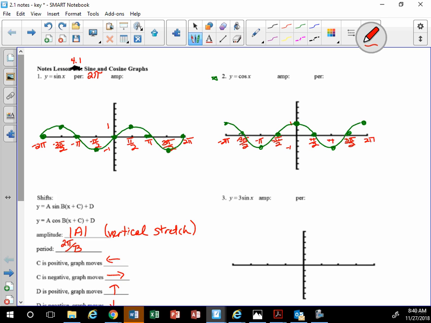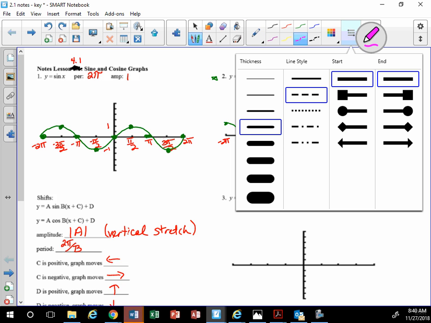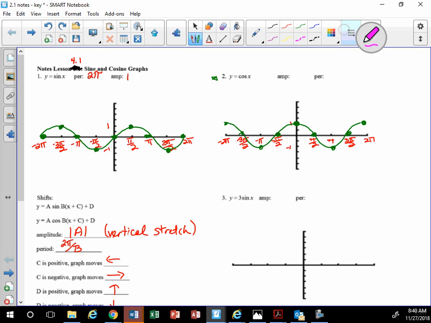And what's the amplitude? 1. So on your graph, we have something called the midline. So it's not an asymptote, but I'm going to just show it with a dashed line in the middle here. That is your midline. For the parent graphs, it always ends up being the x-axis.